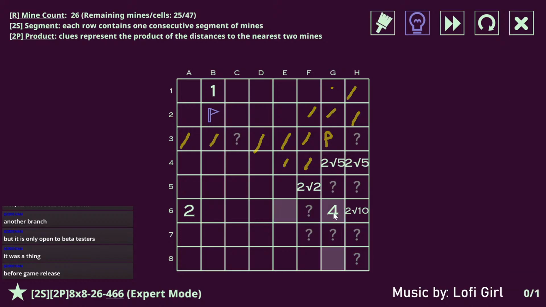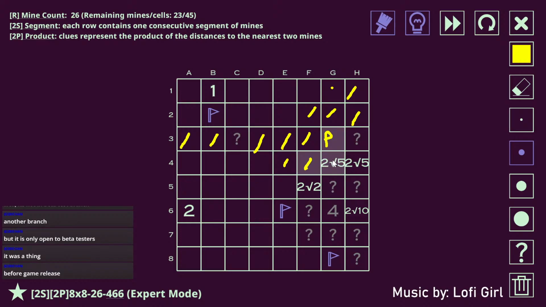Hold on, this 4 gives us information. Could this be a 1 by root 20? If it were a 1 by root 20, then you have 1, 2, 3, 4, or 1, 2, 3, or there. Well, the other root 20 is not there.